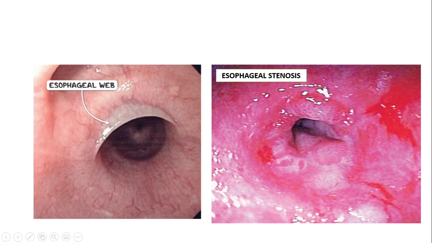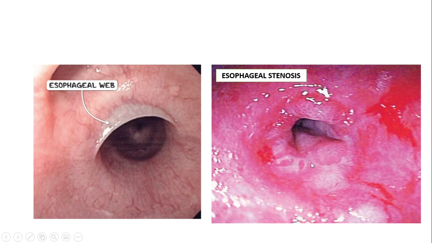It is an eccentric thickening or band in one side, in one aspect of the lumen of the esophagus, a mucosal and submucosal fold, called esophageal web. If it is associated with dysphagia, in a female with iron deficiency anemia, it is called Plummer-Vinson syndrome, which is a risk factor for pharyngeal and upper esophageal squamous cell cancer.